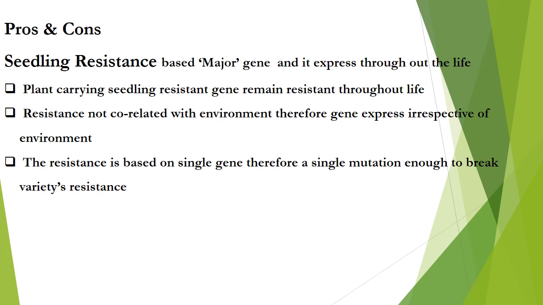So varieties based upon major gene resistance will not stand for a longer period of time in the field, because the pathogen has the capability through mutation to break the major gene of resistance. Those are the advantages and disadvantages associated with the seedling resistance approach.